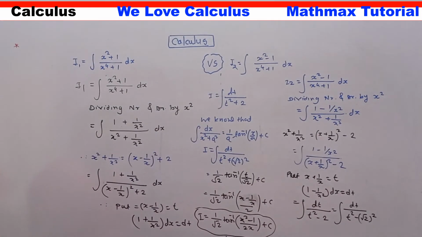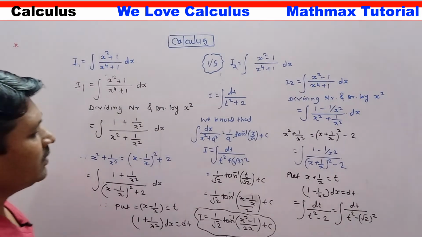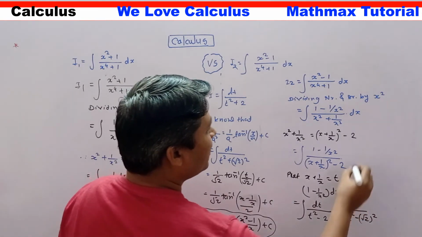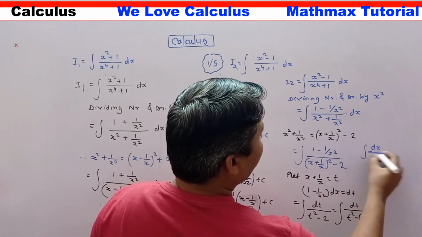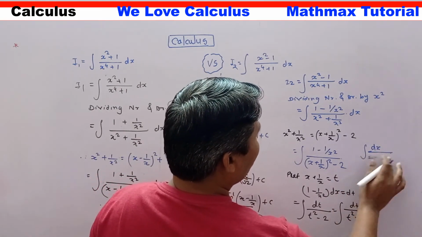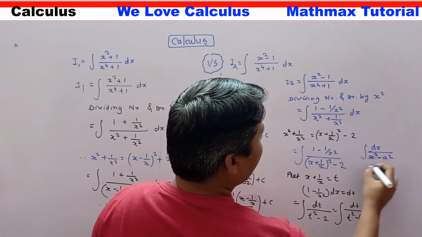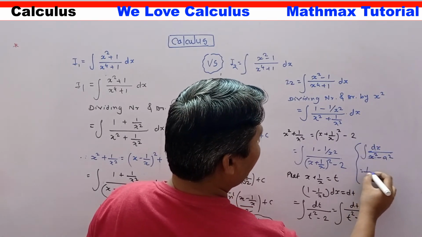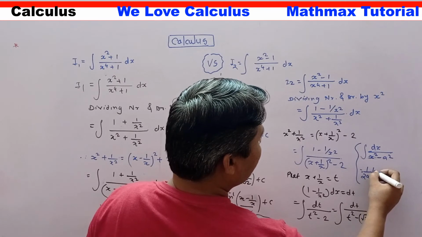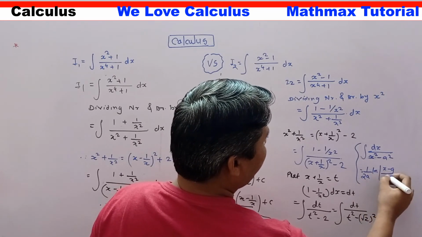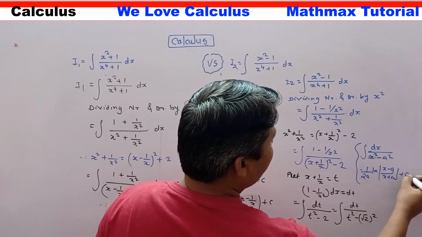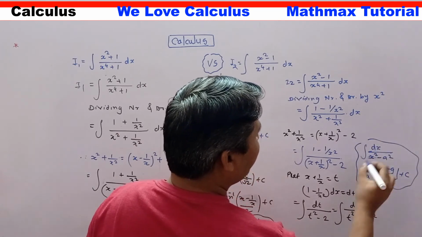We know the related formula: the integral of dx upon x square minus a square is equal to 1 by 2a ln of (x minus a) divided by (x plus a), plus c, the constant of integration.